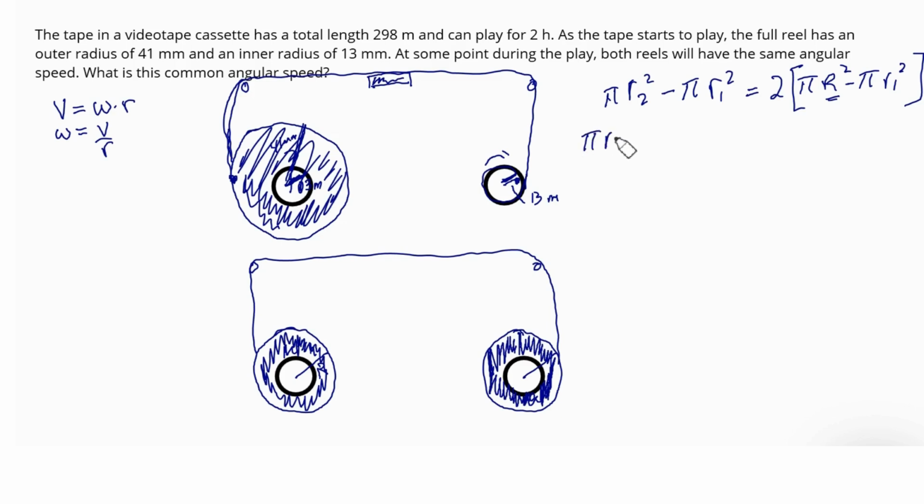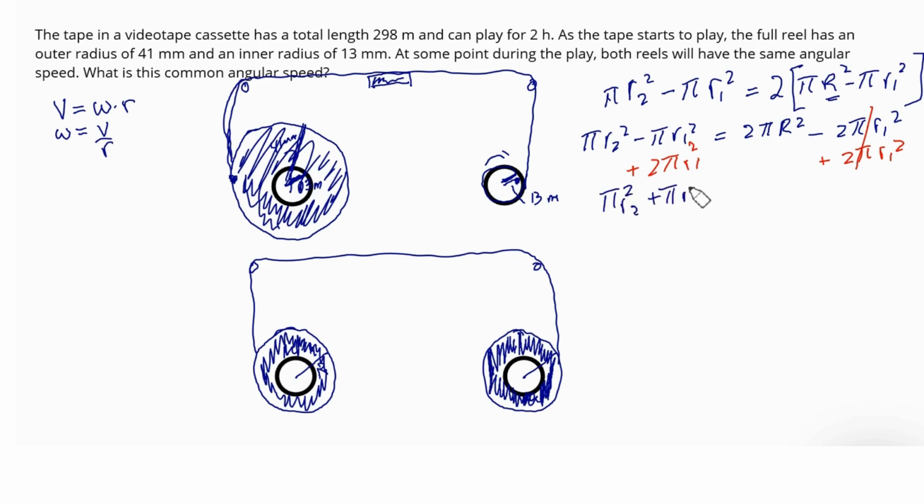I can rewrite this as pi R2 squared minus pi R1 squared equals 2 pi R squared minus 2 pi R1 squared. Now adding 2 pi R1 squared to both sides, it's gone. That leaves me with pi R2 squared plus pi R1 squared is equal to 2 pi R squared.